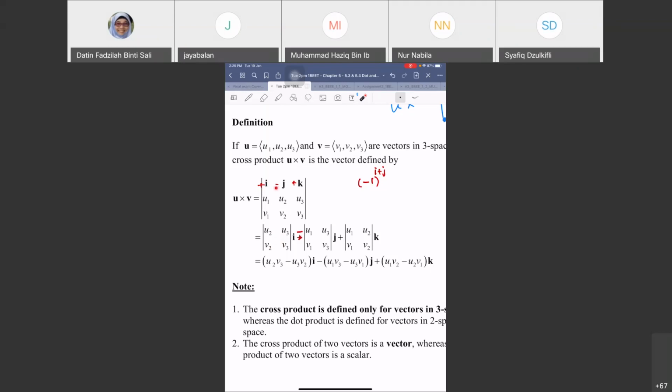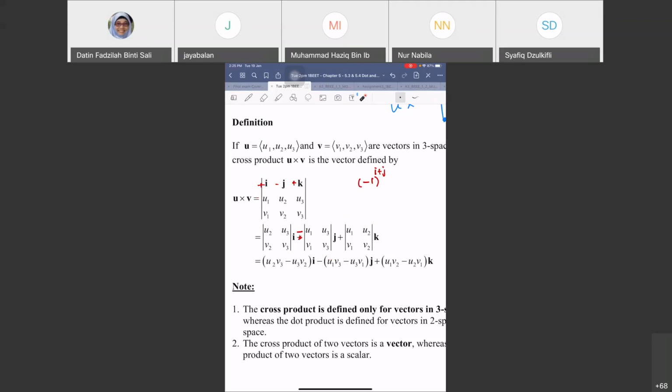But for cross product, you have to show this method. In the exam, this method gets marks, so you must show this. The setup here also gets marks, this method also gets marks, and of course the final answer has marks. So you have to show all this procedure.